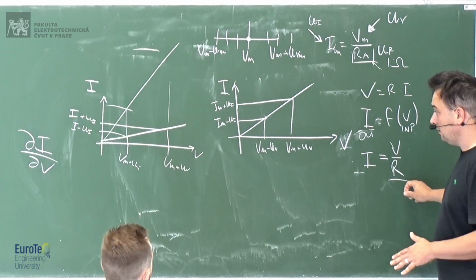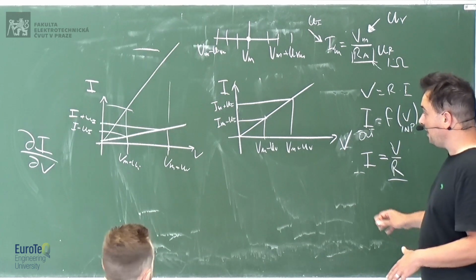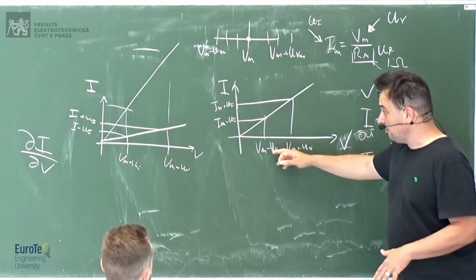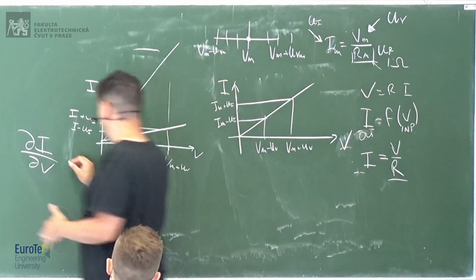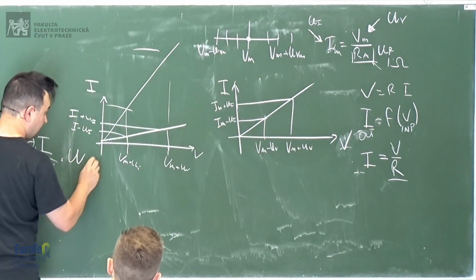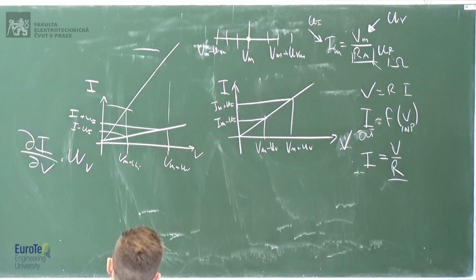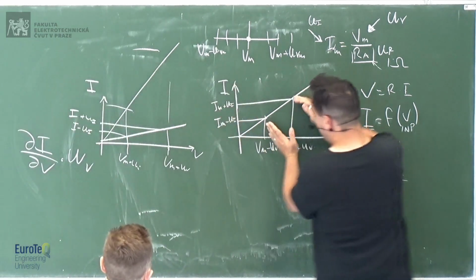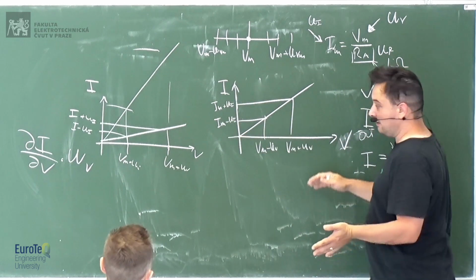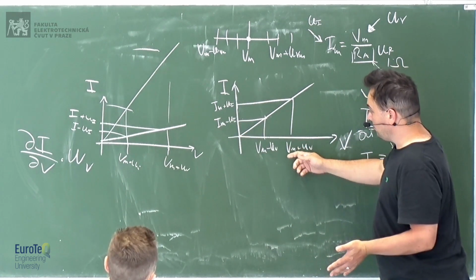So we get the slope with respect to the voltage. Then we multiply the slope times the uncertainty of the voltage to understand how large the uncertainty of the current will be.